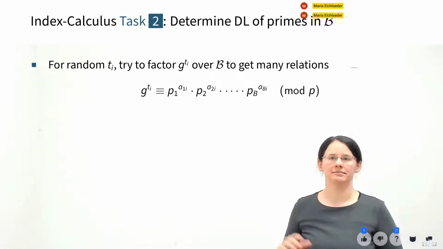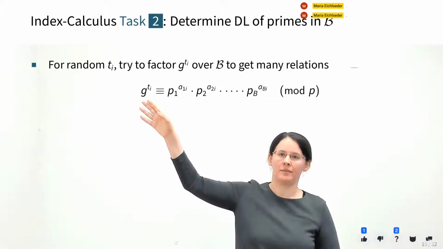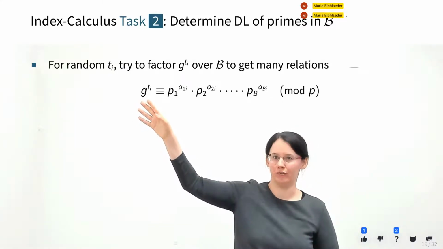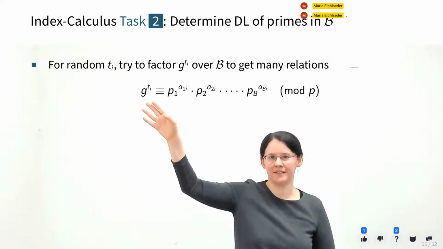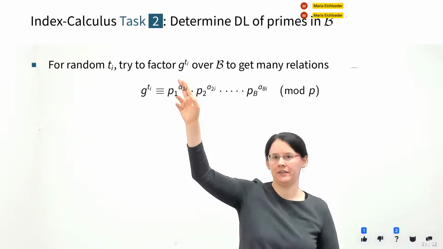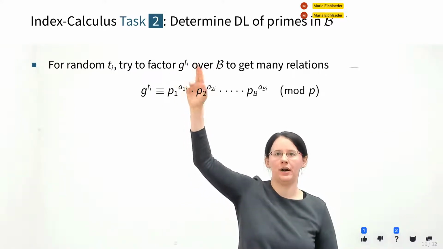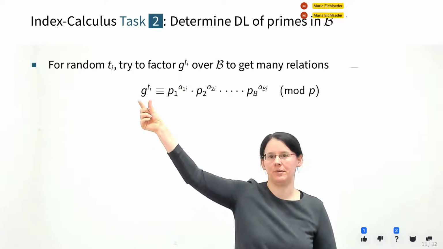And this is going to work as follows. So I'm again doing something like we did in random squares. I'm looking at random variations of what I'm looking for. So I will take my base element, my generator, and raise it to random powers, and then try to see if I can factor the resulting number.